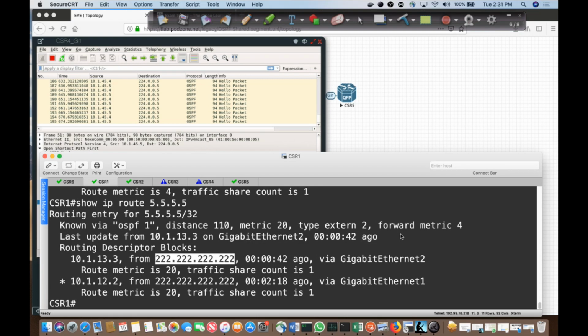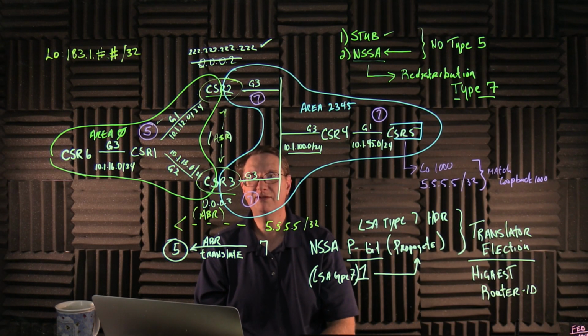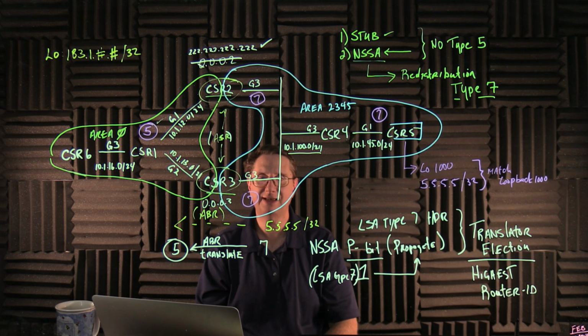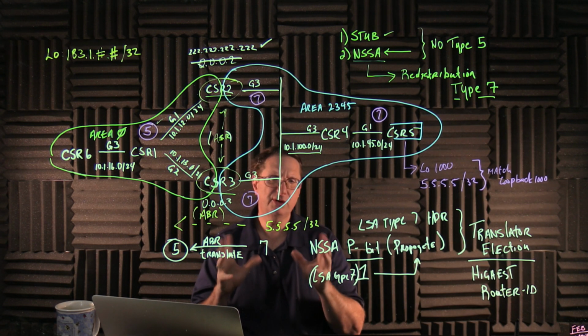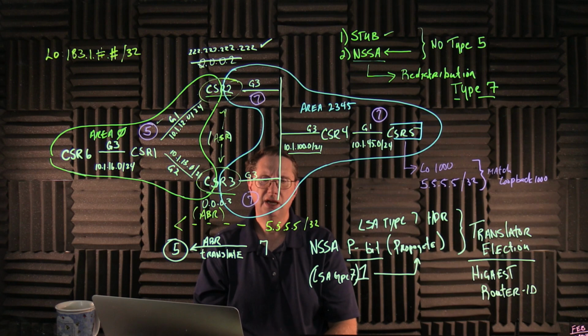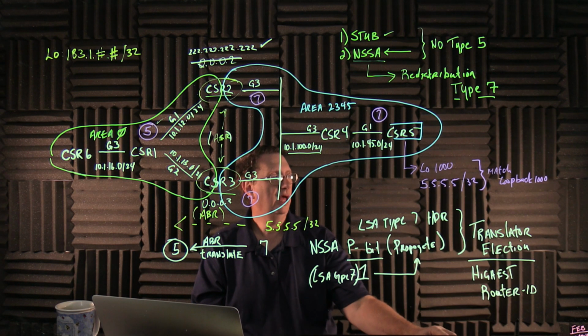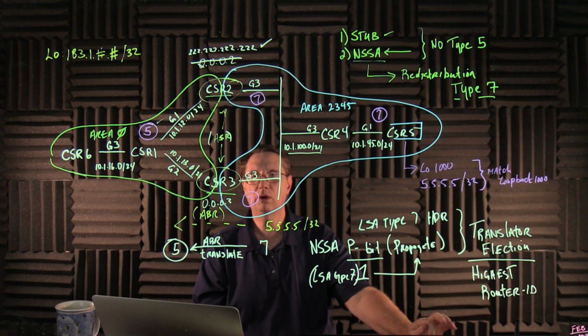Now, there are other ways to filter and block things when it comes to dealing with OSPF and how OSPF behaves in these NSSA areas, but I'm going to leave that for your CCIE study preparations, and I'm going to go ahead and make the decision to move on and discuss some of the more advanced topics.